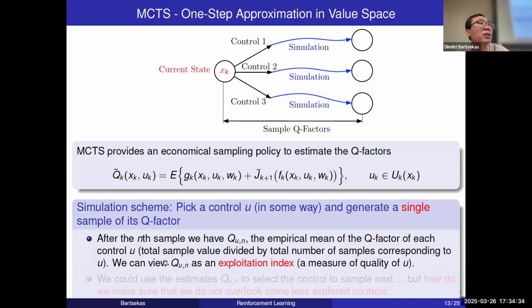And this provides an indicator of how promising the control is, because this is the empirical mean of the Q factor we are computing.